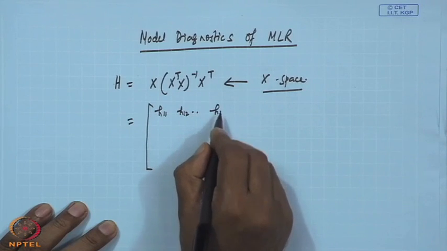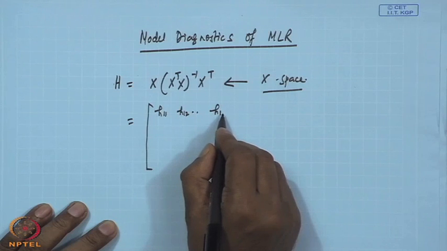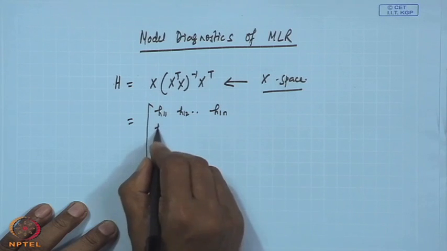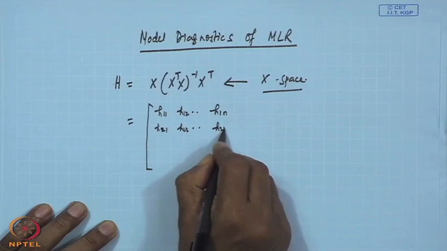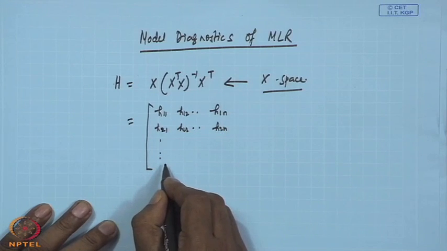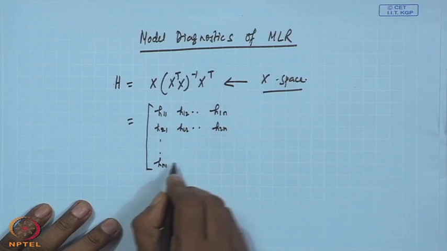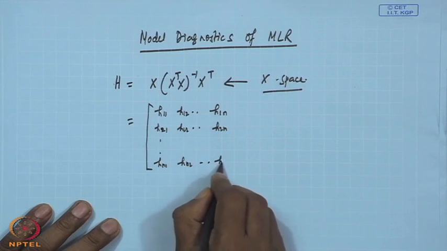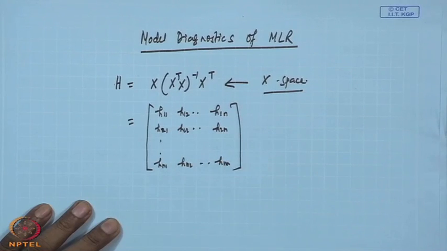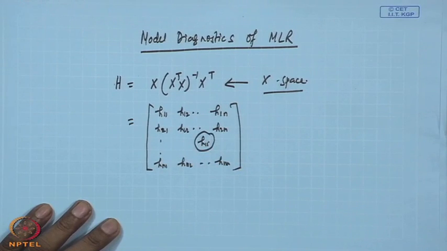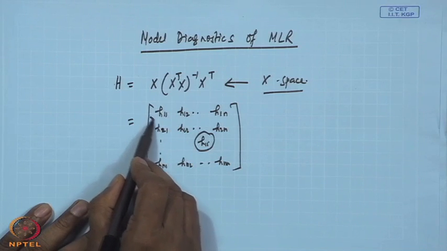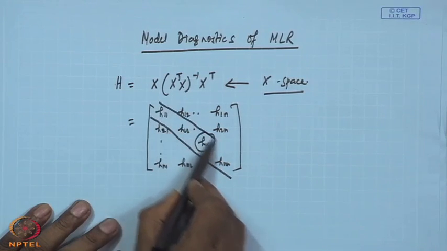This matrix is H11, H12 to H1n, H21, H22 to H2n, like this, up to Hn1, Hn2 to Hnn, and somewhere there will be Hii. So, leverage values are the diagonal elements.